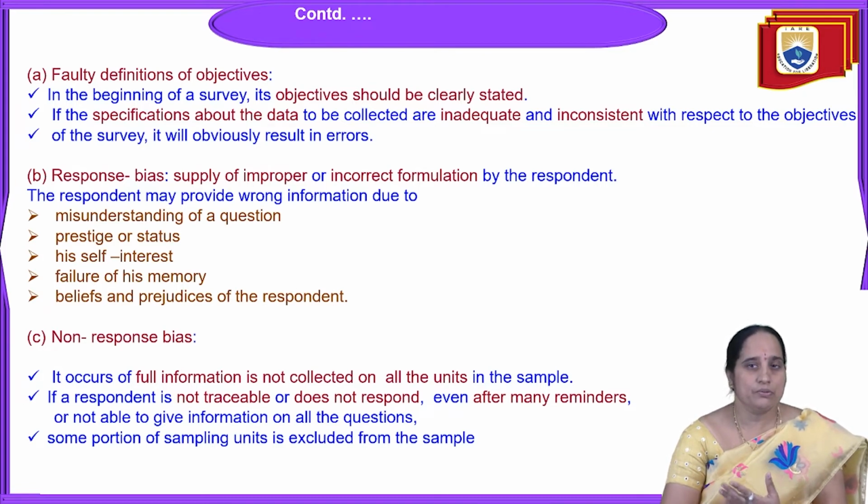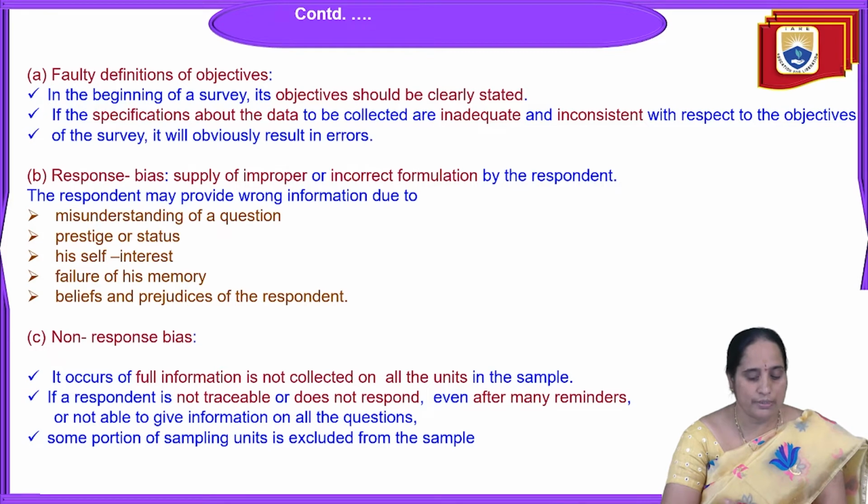It depends on the respondent how he reacts in a particular situation, and it depends purely on his interest and willingness to provide accurate and correct information to the researcher. So if the researcher is able to establish good cordial relations with the respondent, then he can acquire correct information from the respondents. That's how he can reduce the response bias.